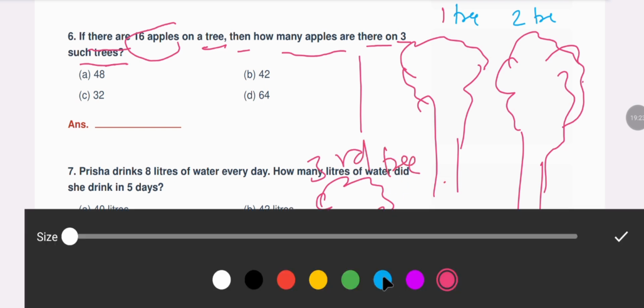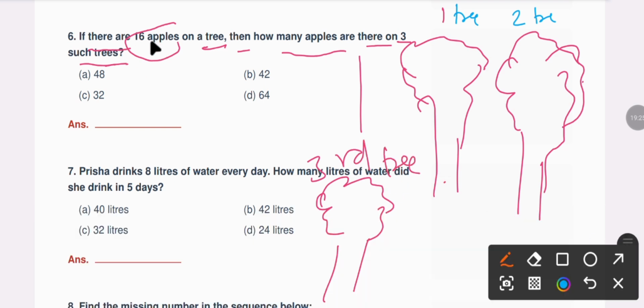So in the question, if there are 16 apples on a tree, this is first tree, how many apples? 16 apples, 1 2 3 up to 16. How many apples are there on three such trees? These are the same tree.